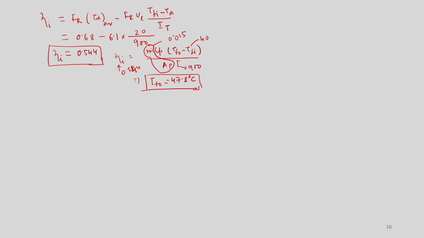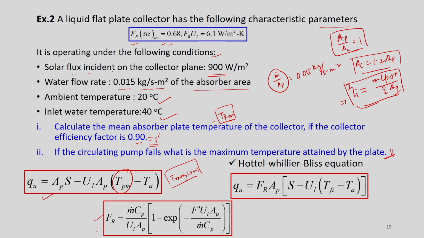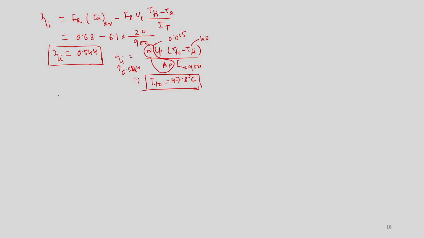And also we know the expression for FR, which is given in the last slides. This is the expression for FR. So, FR is something like m dot Cp by UL AP, then 1 minus exponential of minus F dash UL AP divided by m dot Cp.